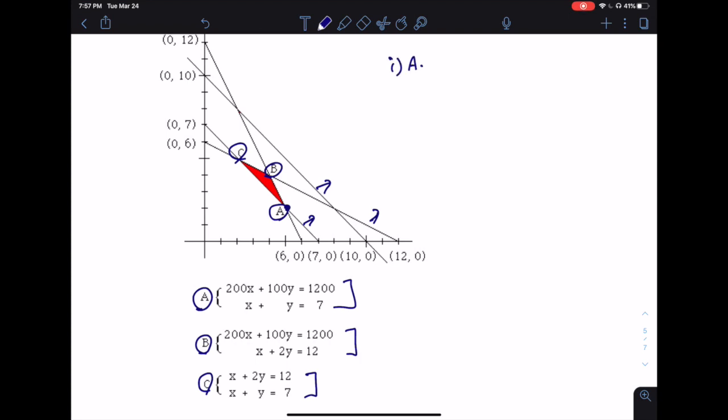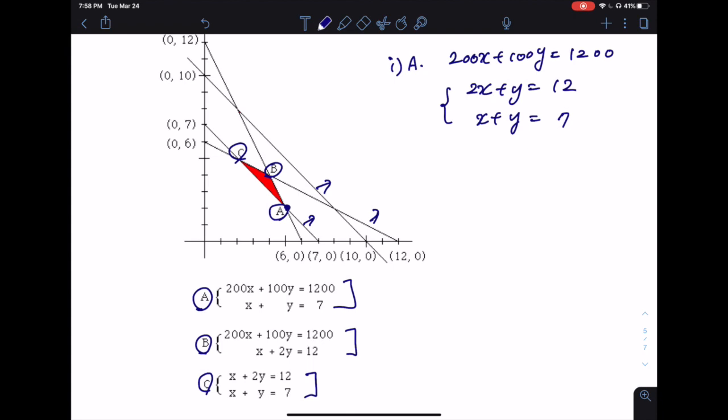For A, we have 200x plus 100y equals 1200. First, I want to simplify it. This is equivalent to 2x plus y equals 12. Another equation we have to consider is x plus y equals 7.